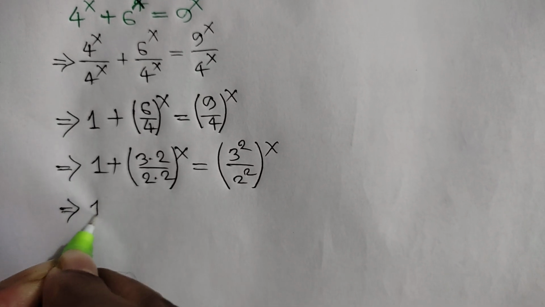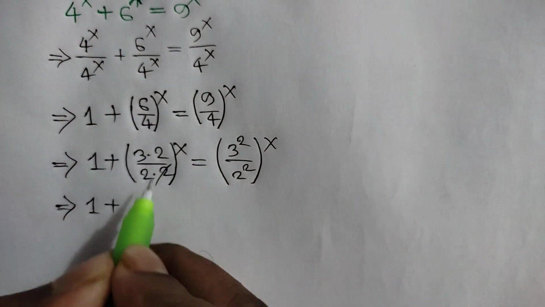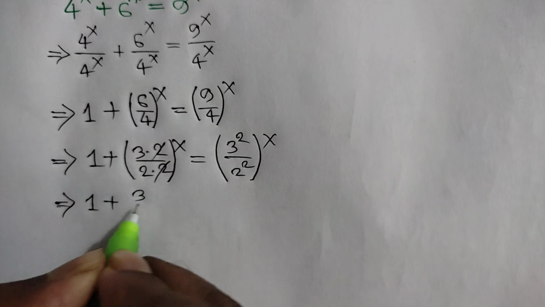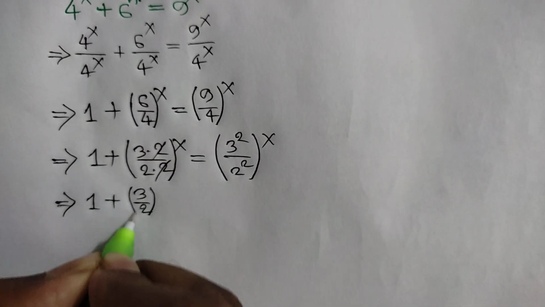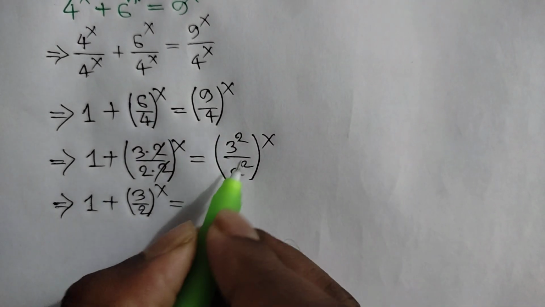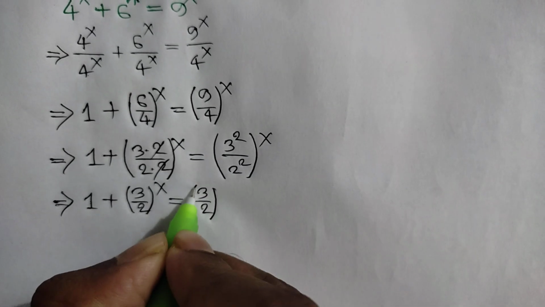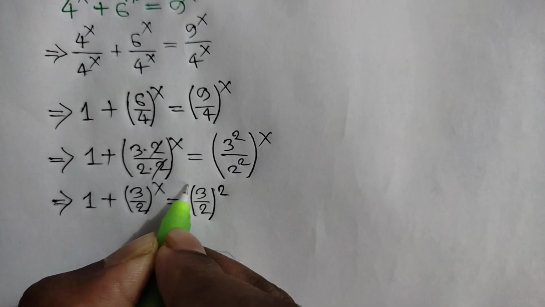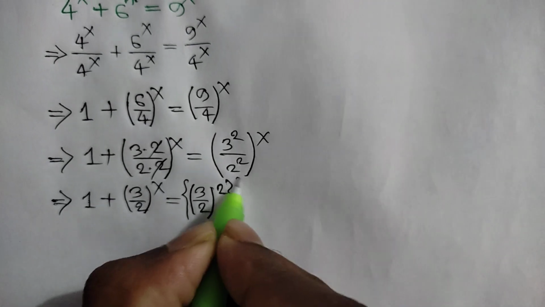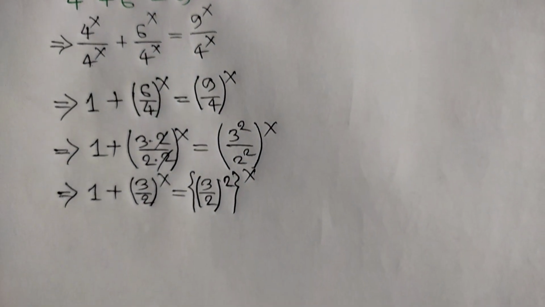Now 1 plus, this 2 cancels out this 2, so it will remain 3 over 2 whole power x is equal to, here we can write, 3 over 2 power 2 whole power x.